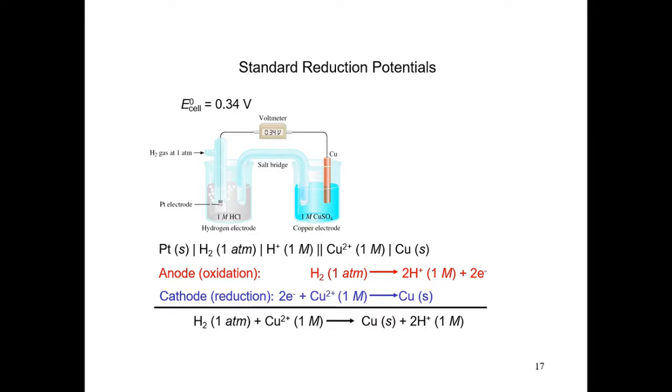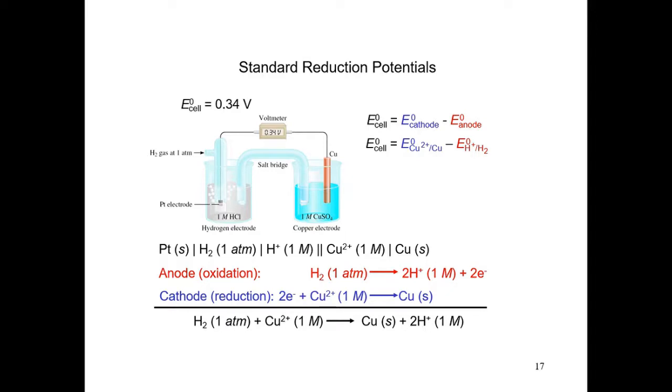Now, how do we get the information we need from here? Well, like we said before, the potential of the cell should be the potential of the cathode minus the potential at the anode. In this case, the cathode would be the copper 2 converting to copper, and the anode would be the negative of the potential of hydrogen ions becoming hydrogen gas.